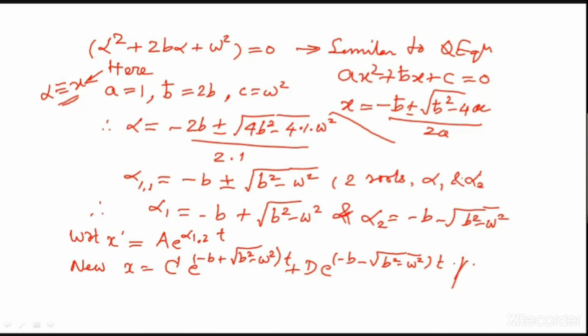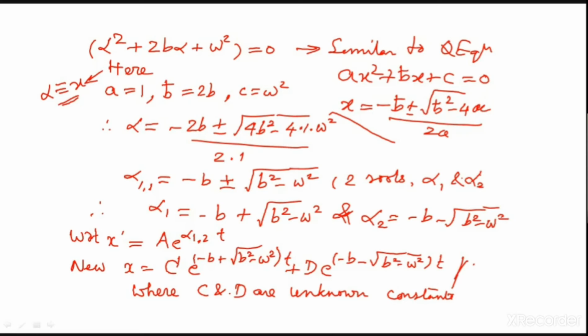Where c and d are new, unknown constants. We need to get the values of c and d. When you get the values of c and d, then the solution becomes the final solution.